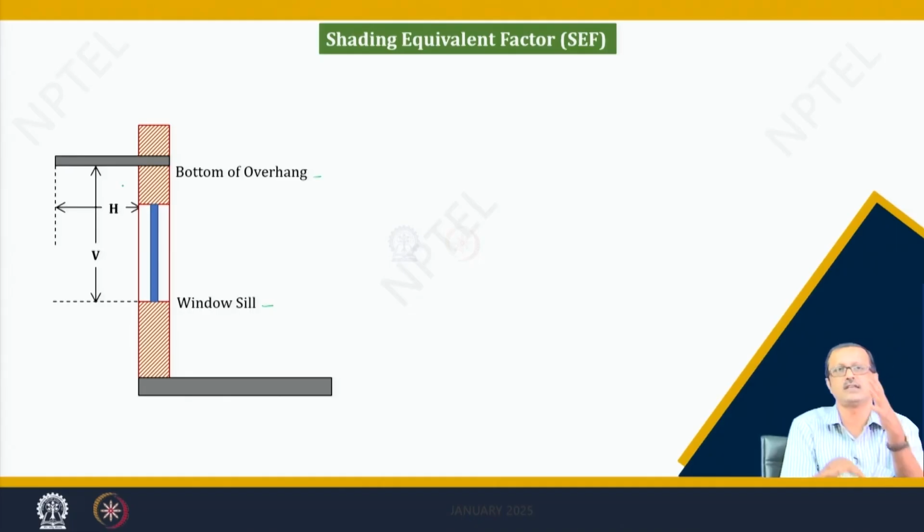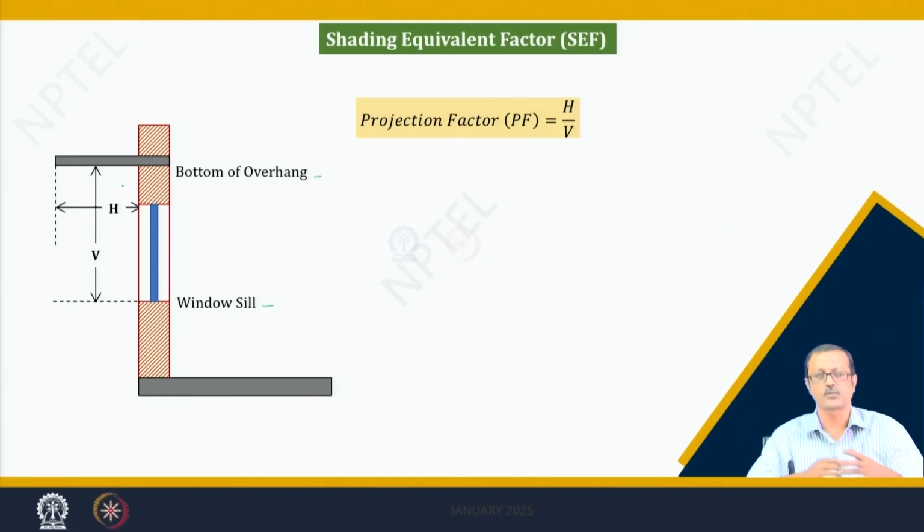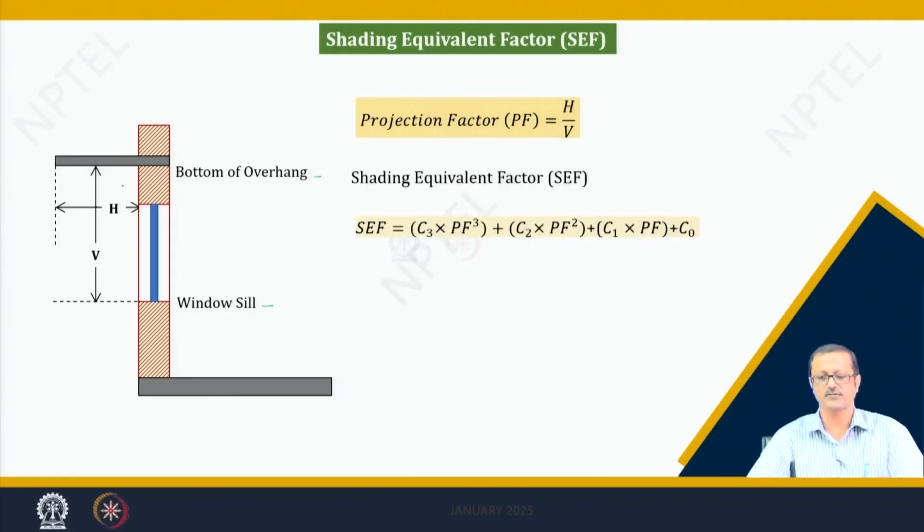This H and V will decide the sun angle, or how much shading will be provided over your window. We call it the projection factor, PF, which is H by V. As per my design I can find out the projection factor H by V, and based on this I can find out the ACF, the equivalent shading factor, which will reduce my SHGC value.